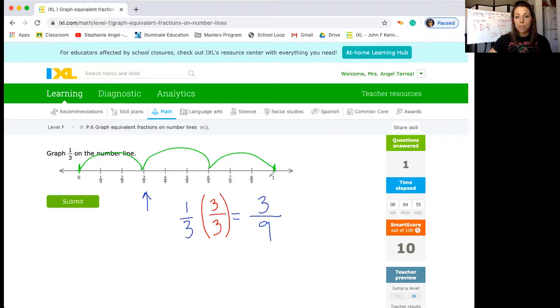In 3 jumps, it took to get from 0 to 1, each jump has 3/9 in it, which means this is 1/3, 6/9 is equivalent to 2/3, and then your 3/3 or your 1. Either way, both of these tell us the same thing, that our answer here is 3/9.